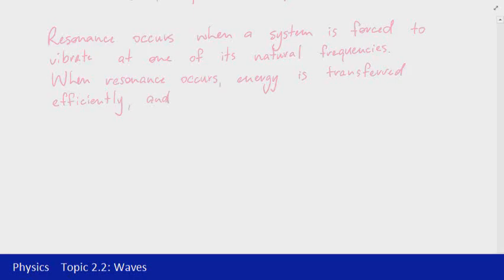And as a result, the amplitude of those oscillations will grow. And that's the reason why we could hear that sound from the wine glass so clearly. It's because the wine glass, with the correct application of the force, caused the oscillations to become larger, and that means that the sound is then much easier to hear.